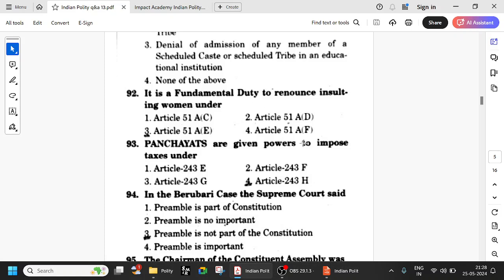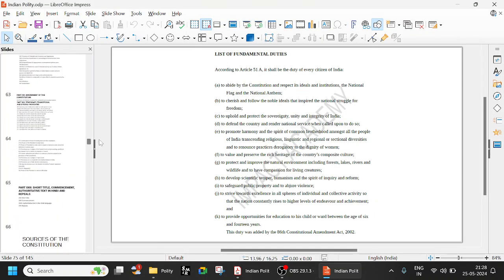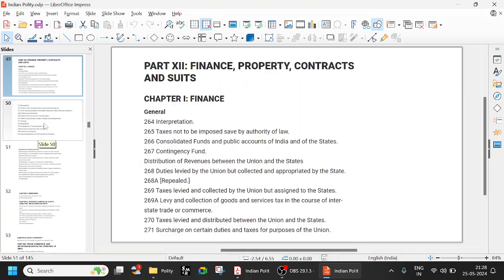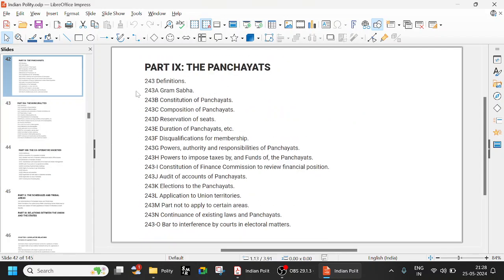Next, panchayats are given powers to impose taxes under Article 243H. We have already seen 243O and all those things, right? Panchayats are 243 to 243O.